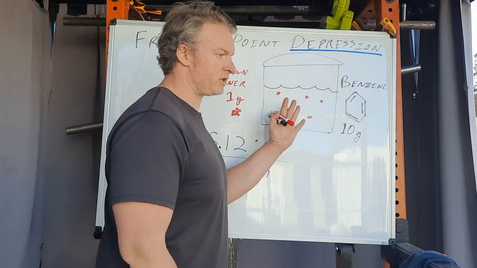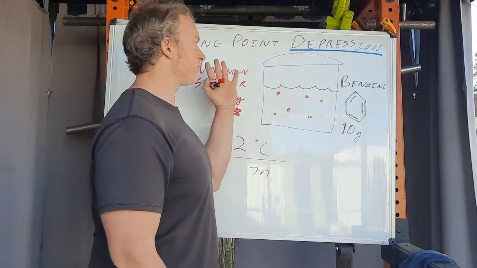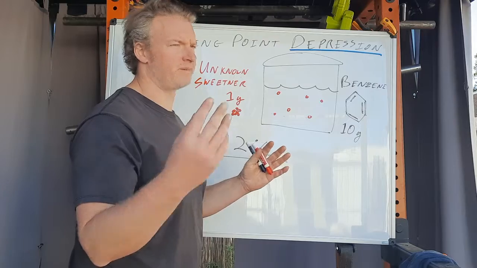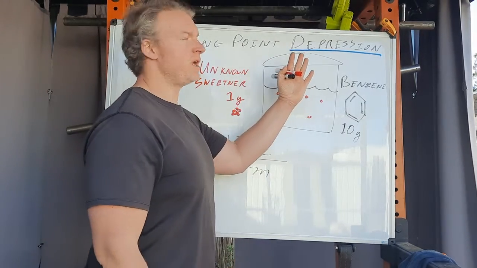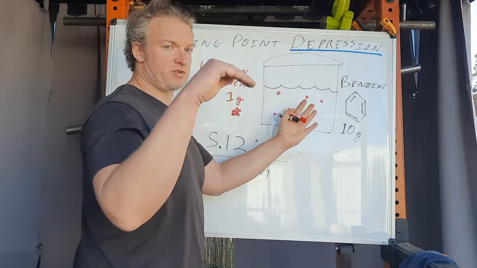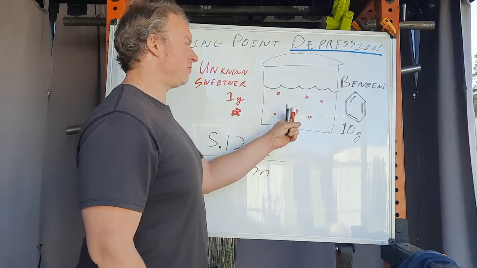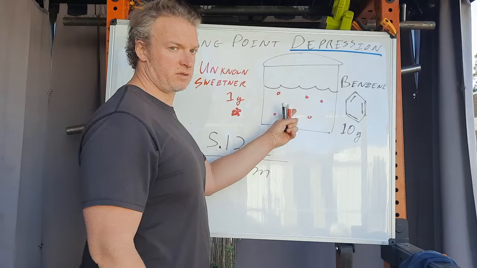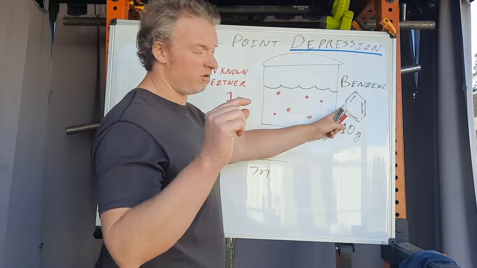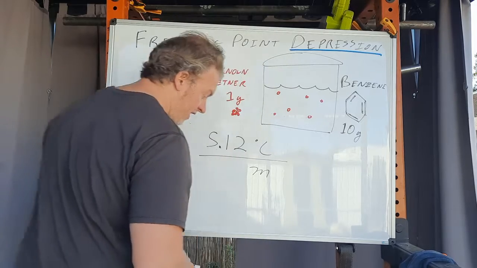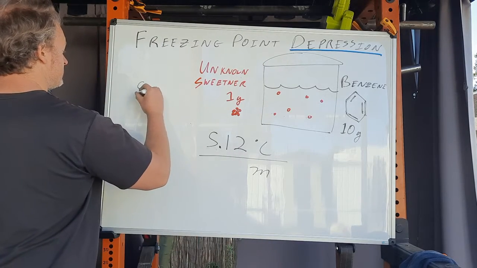Every solution is going to have a freezing point. I say every, but not all of them. Most of them. Every solution, its freezing point is going to go down based on how much of this unknown is in there. So the freezing point of pure benzene is 5.5 degrees Celsius.